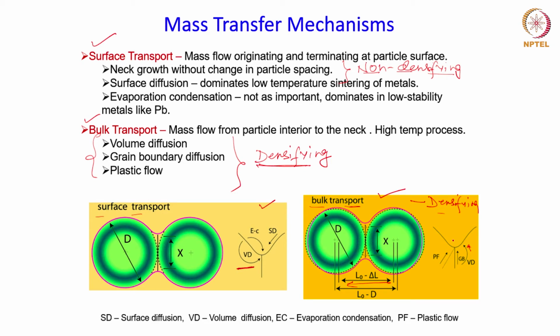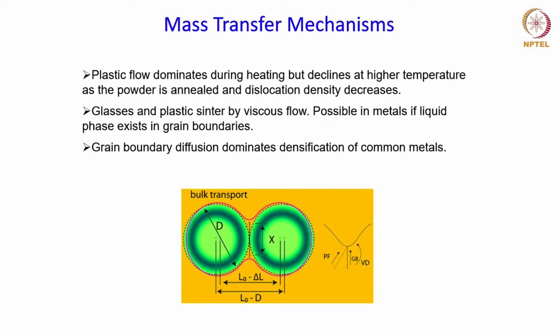And plastic flow dominates during heating, but it declines at higher temperature as the powder is annealed and the dislocation density decreases. Now this is a dominant mechanism in metals, and in case of metals, the plastic deformation is primarily controlled by the dislocation motion, right? So plastic flow will occur as long as the dislocations are there to move and cause plastic deformation.